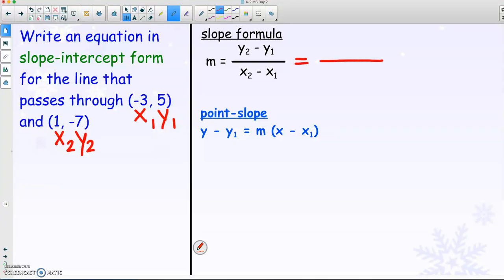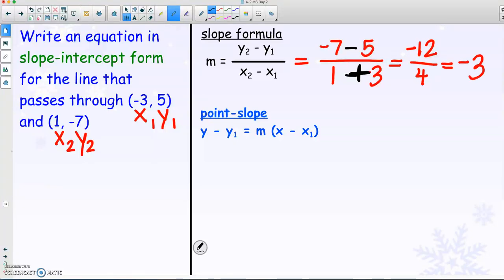So in my slope formula, I have subtraction. y2 is -7 minus y1, 5. And then x2 is 1 minus x1, -3. -7 minus 5 is -12. And 1 minus -3, this turns into a plus. 1 plus 3 is 4. So -12 divided by 4 is -3.